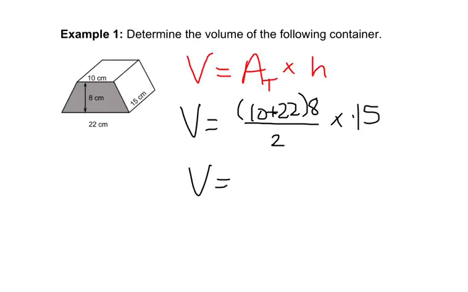I can shorten it a little bit. 10 plus 22 is 32, 8 divided by 2 is 4. So 32 times 4 times 15. It's going to be a big volume, and our volume is in centimeters cubed. That really comes from multiplying centimeters by centimeters by centimeters, so that's why we have centimeters cubed.